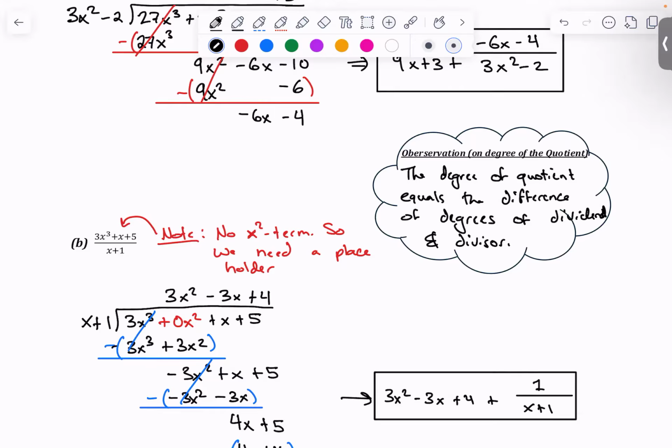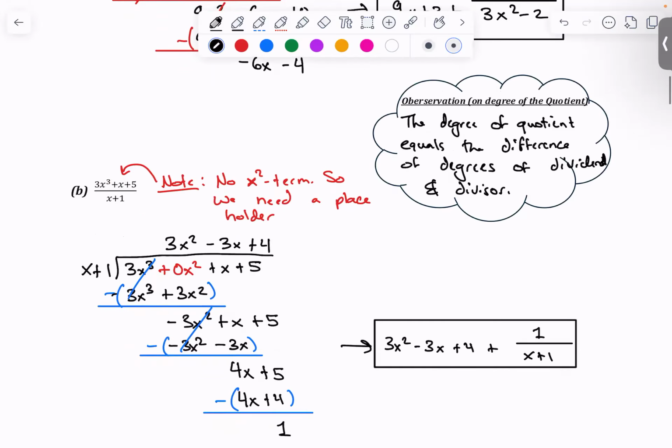So the difference between those two things, the top and the bottom, the difference between the two degrees will always give you the degree of the quotient. And that plays an important role because when we talk about synthetic division right after this, that will explain better why the answer was the way it was. Any questions on that? The degree of the quotient will always be the difference between the two degrees.